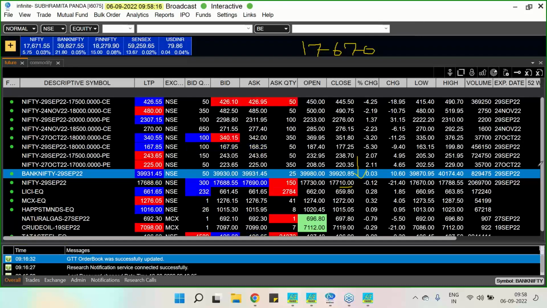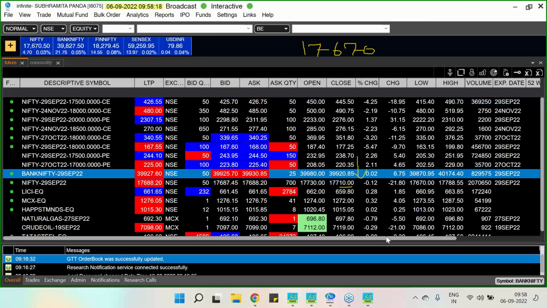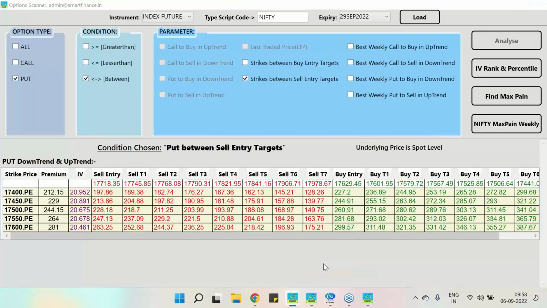If I tell you when you are going to buy, the strikes are already chosen in the call and put. If the Nifty now moves up to 17,705, be a call option buyer. Call buy should be initiated only when Nifty goes above 17,705.